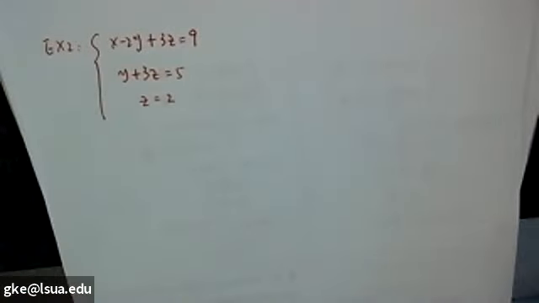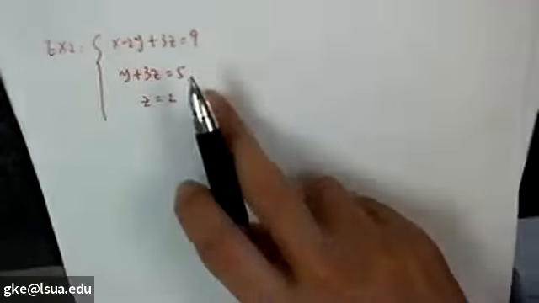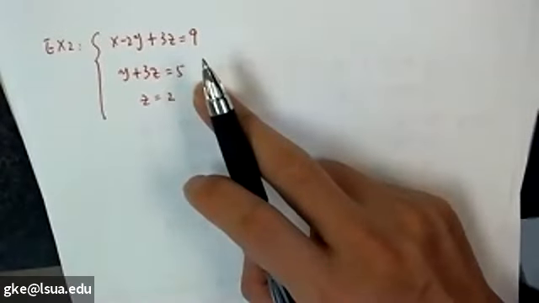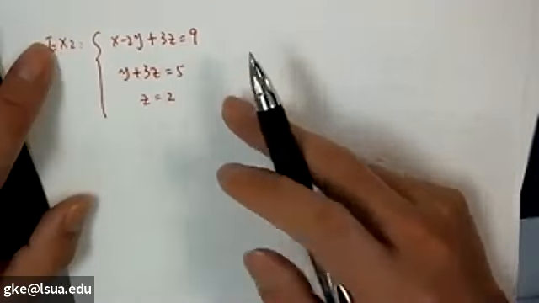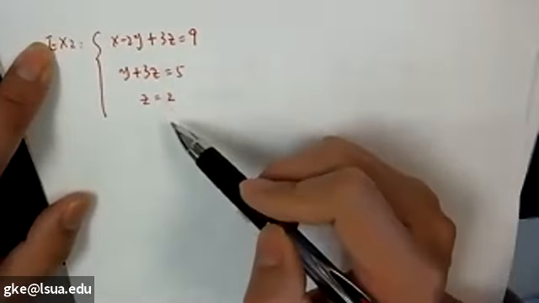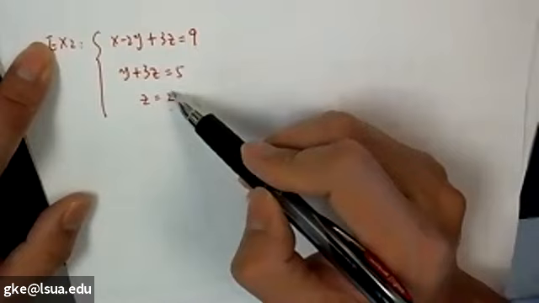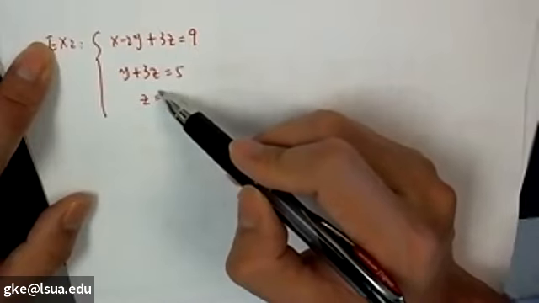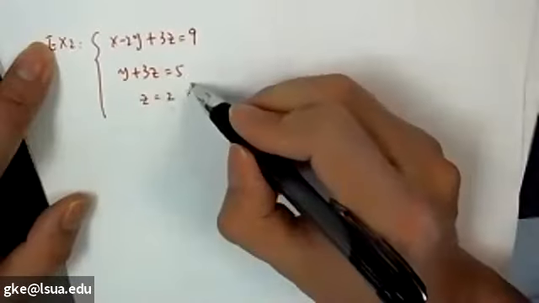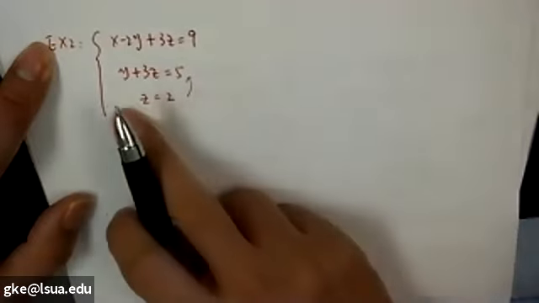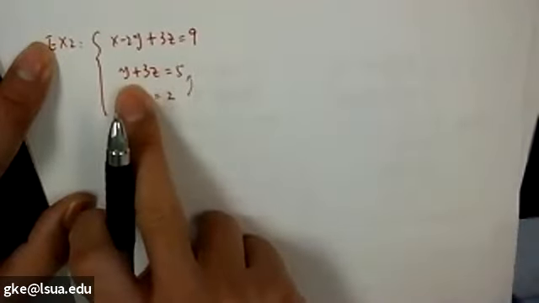I want you guys to use back substitution to solve this 3 by 3 linear system. Since we already know z equals 2, you substitute back into this equation, and then you get the solution y.